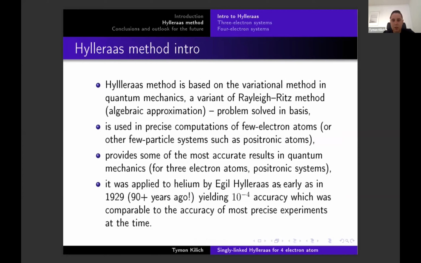It is used in precise computations of few-electron atoms and other few-particle systems of this type, and it provides some of the most accurate results in quantum mechanics. As I said, it's 90 plus years old, but in the original 1928 study, it gave 10 to the minus 4 accuracy, which was at the time comparable with the most precise experiments.